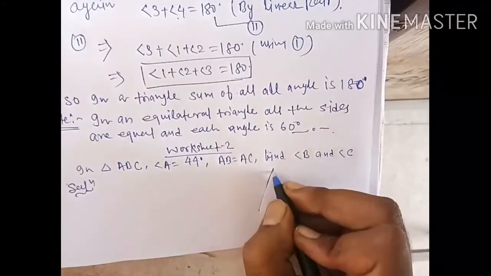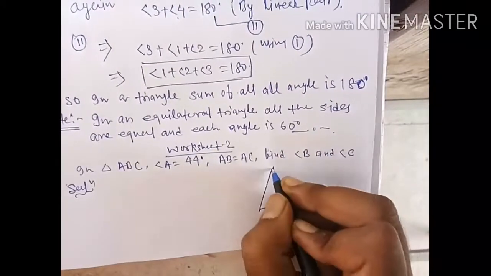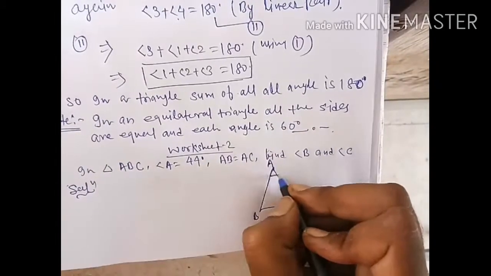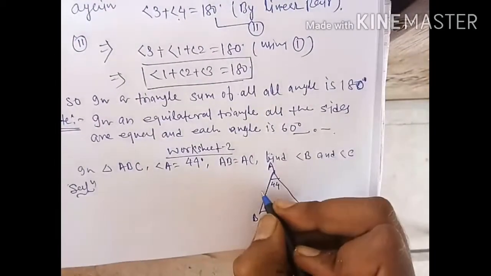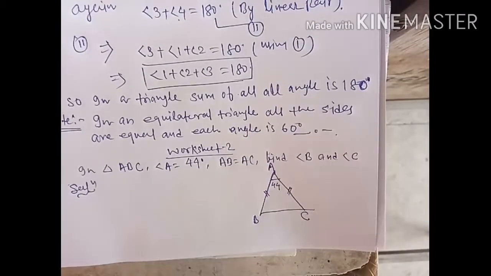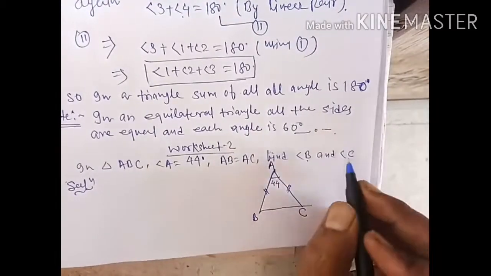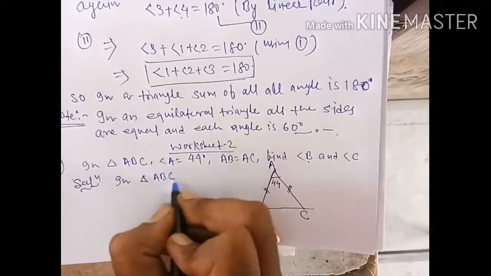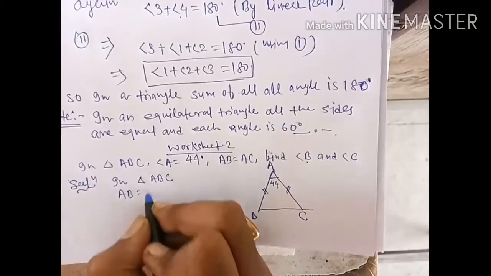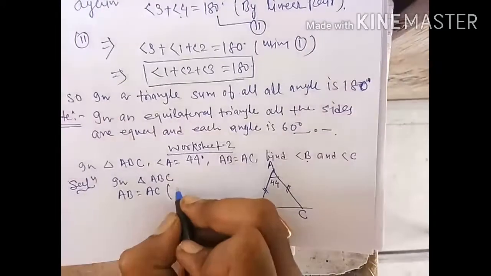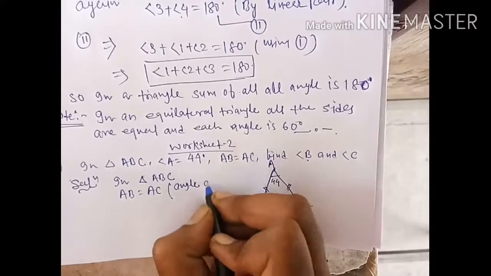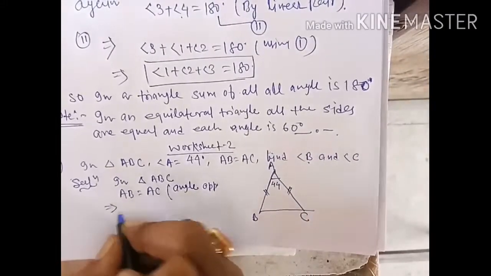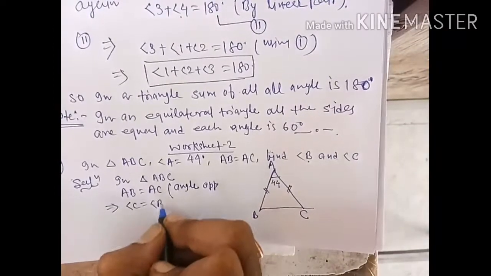First we make a triangle ABC, in which angle A is equal to 44 degree. Also given that AB is equal to AC, and you have to find angle B and angle C. Since in triangle ABC, AB is equal to AC, the angles opposite to equal sides are equal, this implies angle C is equal to angle B.